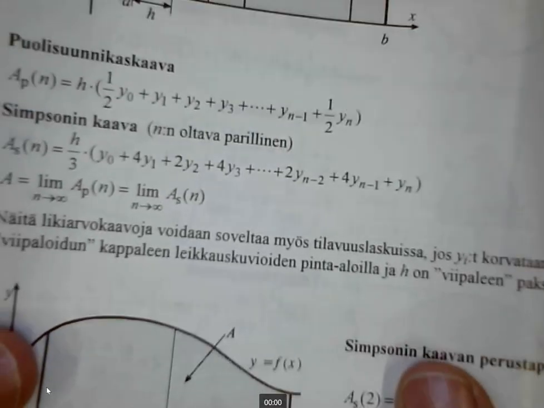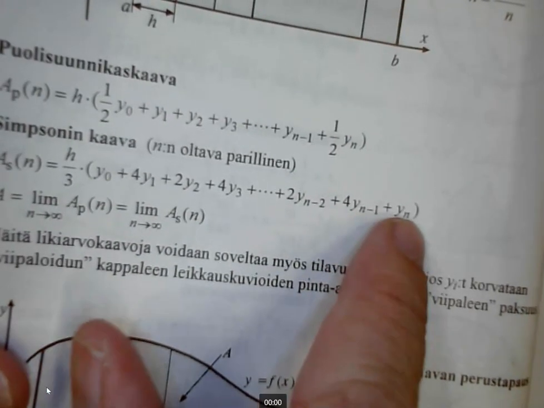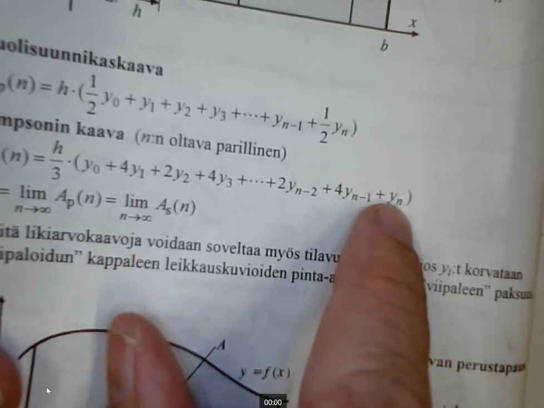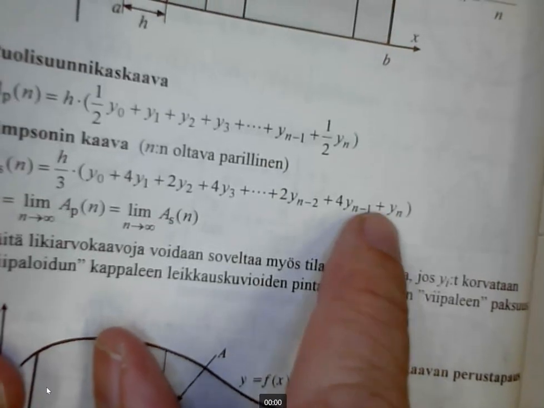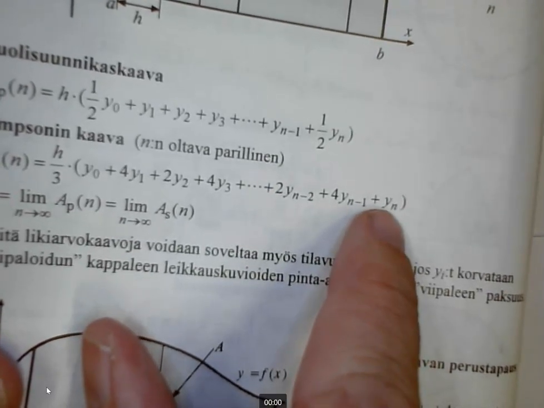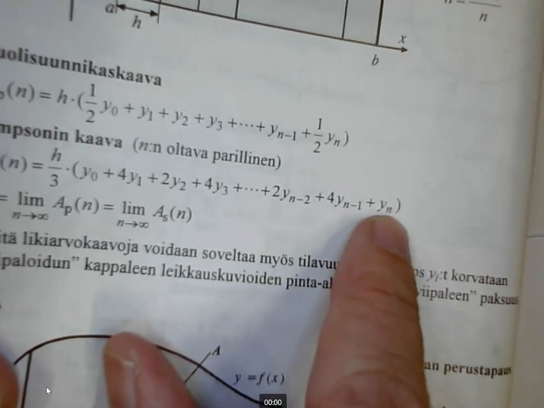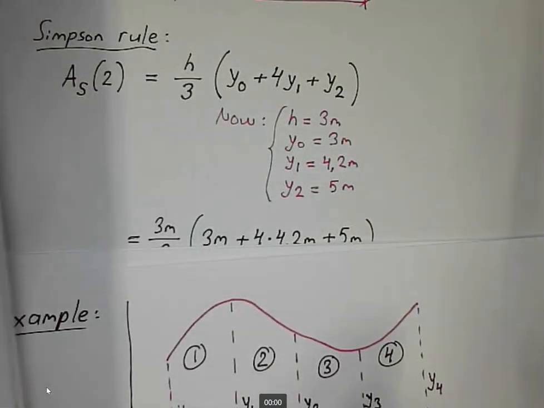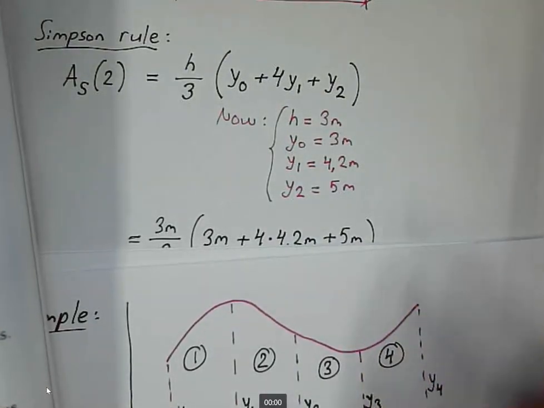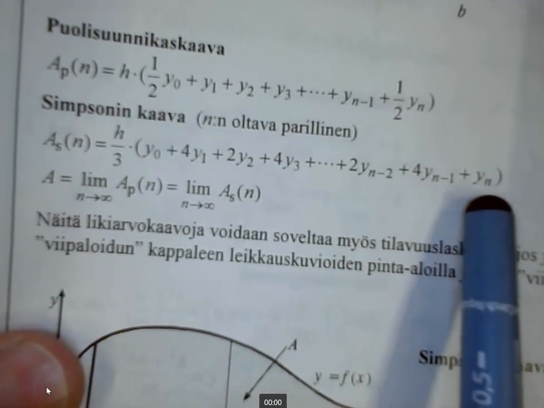And from the end of this expression, there is also a similar part. There is yn. n means the number of parts there, and if we have 4 parts now here, the last one is y4.